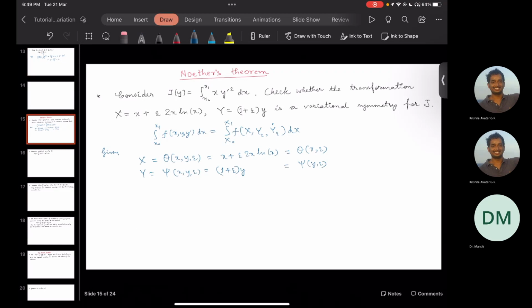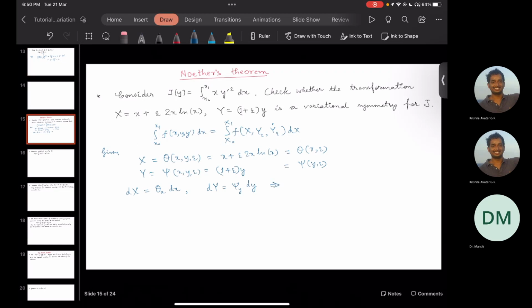Now let's find the differentials for both transformations. So we have dX equal to the partial derivative of theta with respect to x times dx, and likewise dY is equal to the partial derivative of psi with respect to y times dy, right? So we have just obtained the differentials.